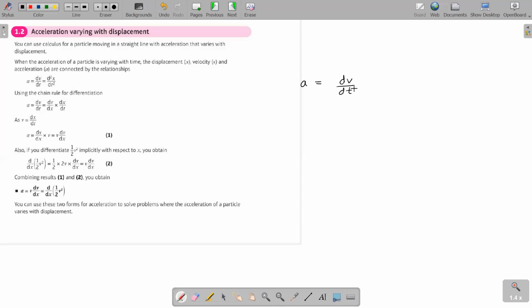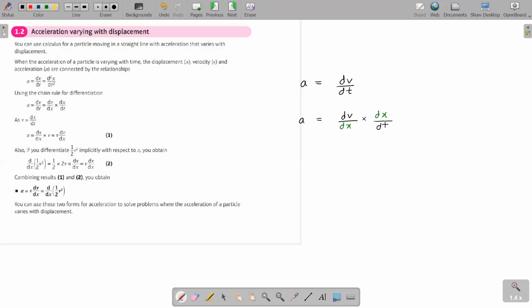Look at the way that we modify this equation to make it relevant when you have an equation with acceleration and displacement. We use the chain rule and make a small difference to this equation. I'm going to break up this dv by dt by using the letter x. So dv by dt is what they've given us here, right? I'm going to break it up as dv by dx, using the displacement, times dx by dt.